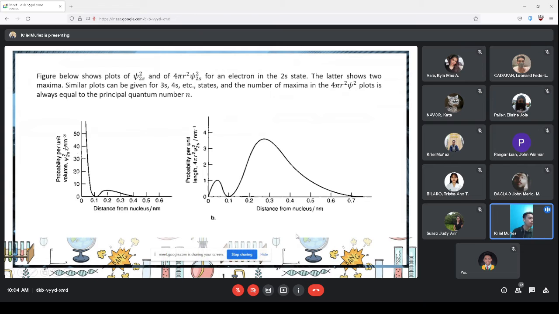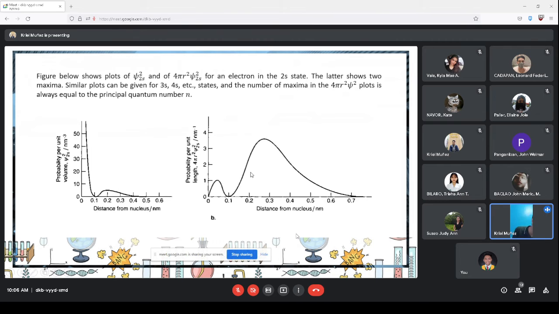Okay? So our probability per unit volume, graphed versus our distance from the nucleus, goes like this. So we have a maximum value and then another maximum value.